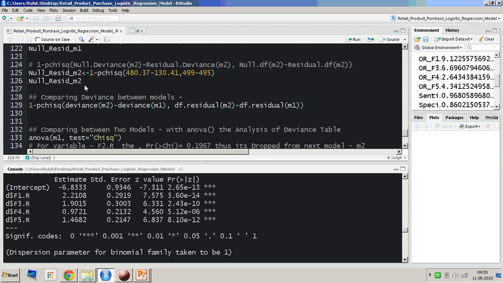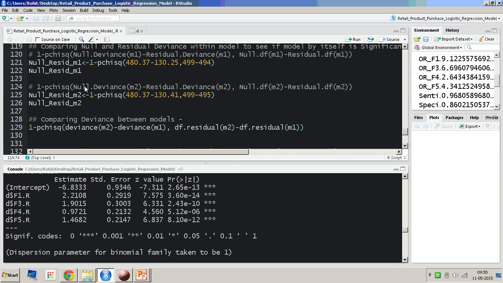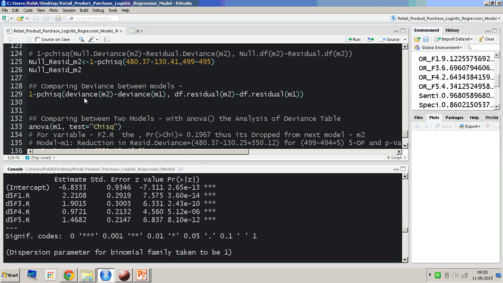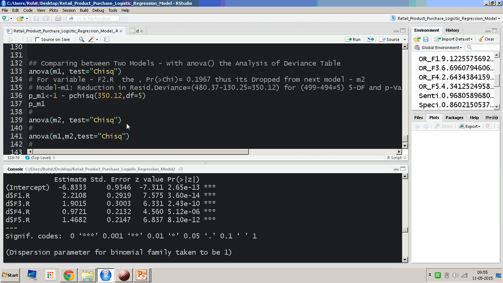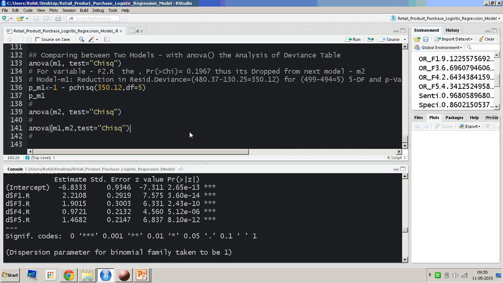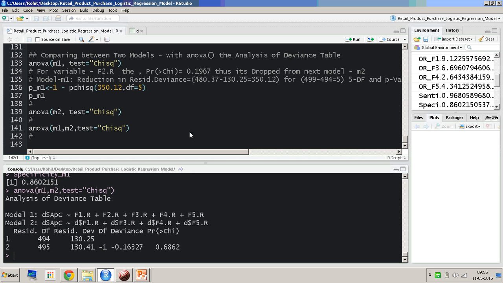Now we can look at these differences between the null and the residual deviance, and then we do an ANOVA between the models. So we do a chi-square test and an ANOVA between the models. What that shows us is that there is a difference. This is the difference between the deviance levels, and of course model M2 is again being preferred over here.